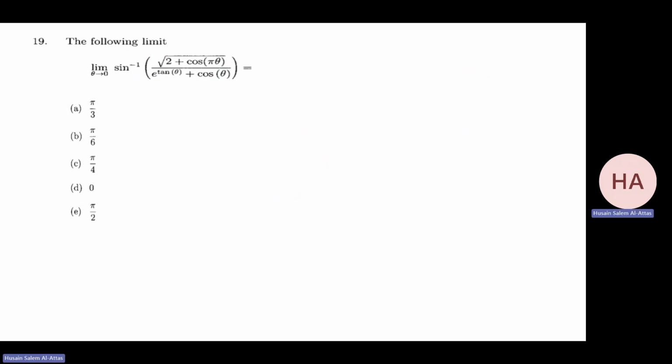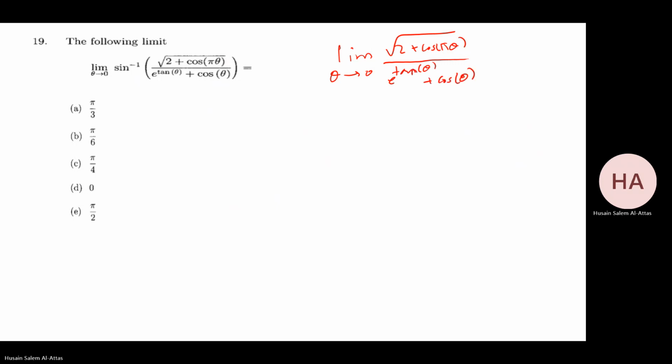To find the following limit, first I need to check this limit, which seems to be very complicated, but actually it's nothing, just substitution. So that will be square root 2 cosine pi times 0, cosine 0, plus 1 over e to the power tan 0.